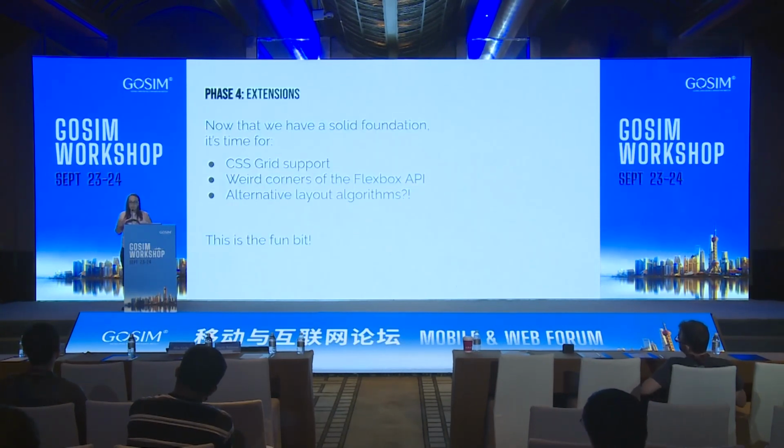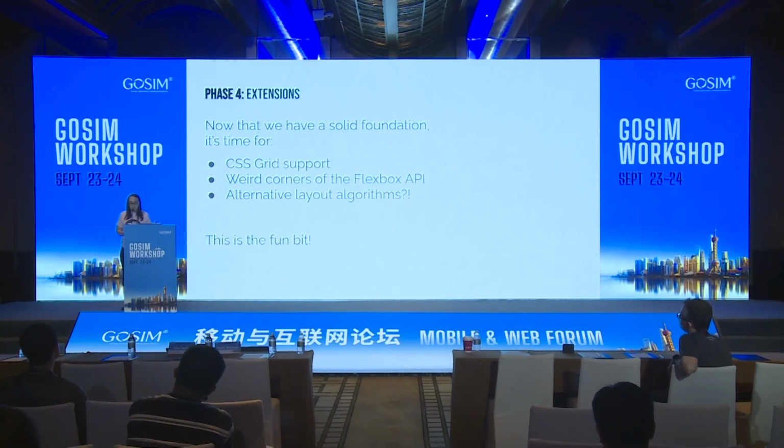So now that we have a solid foundation, now that we have decent code quality, and we've fixed the worst bugs, and we have steady improvements implementing different small features of the CSS Flexbox spec, let's do something cooler.